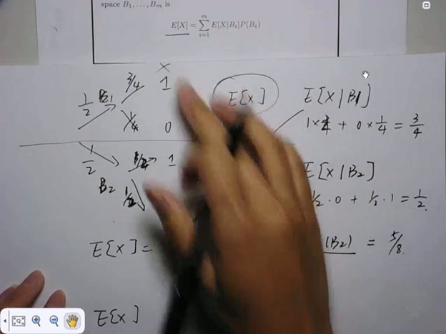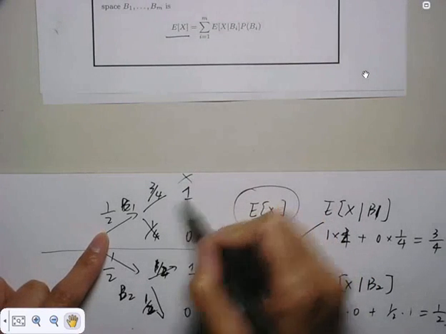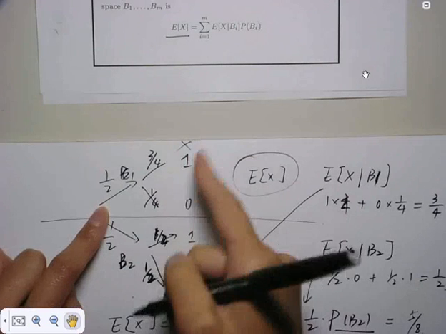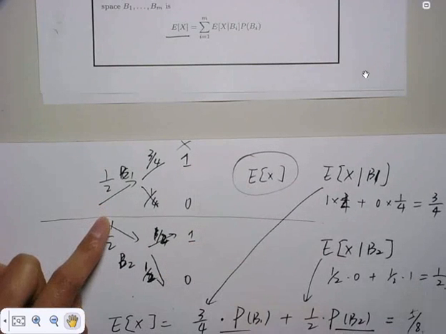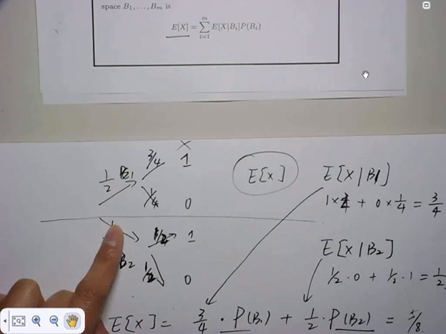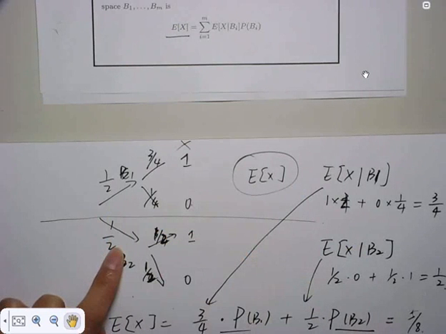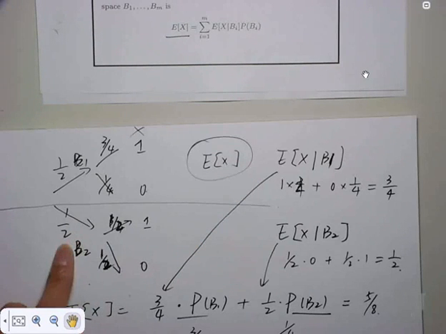So if I do this, it means getting 1. My probability to get 1 here, exactly that one, will be this, right? Times 1 plus getting the 0, times 1/2, 1/2, 1 times 1/2, 1/2, 0.